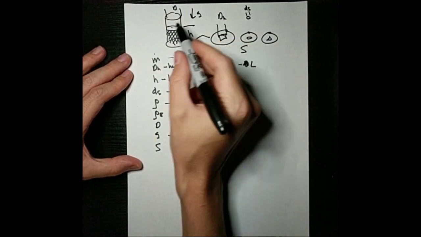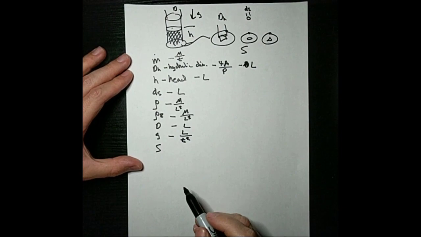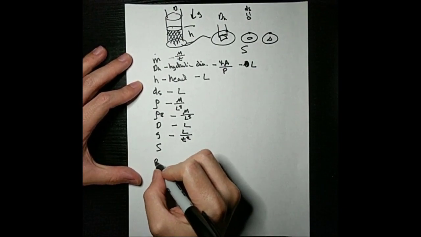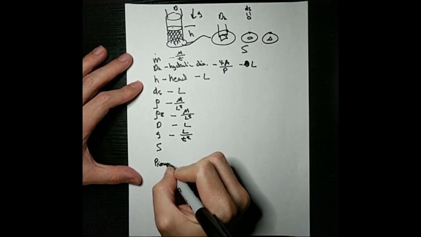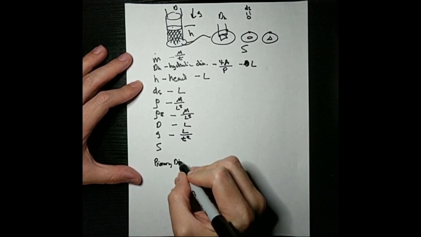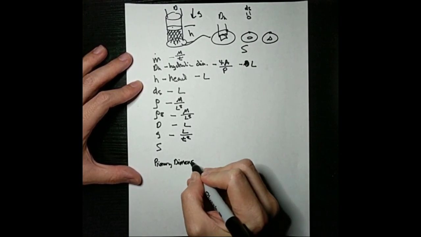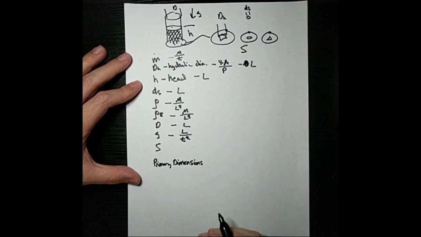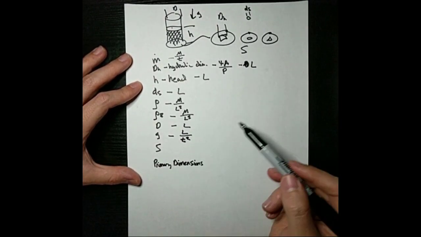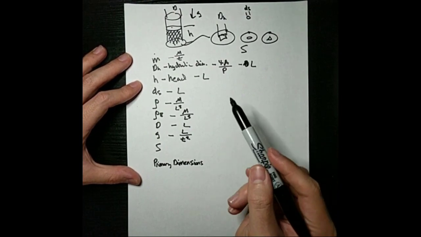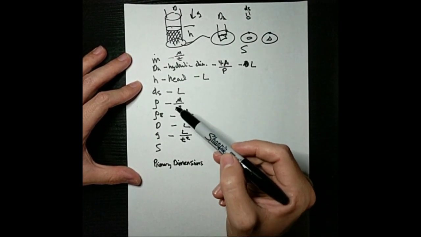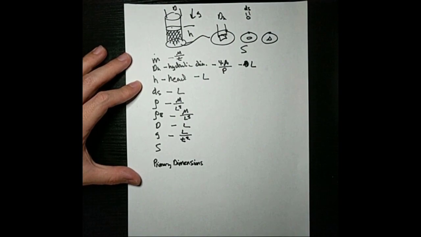So now that we've listed all the properties in terms of their dimensions, we can decide what the primary dimensions are. The primary dimensions are however many dimensions are needed to represent all of the parameters that we're going to consider.